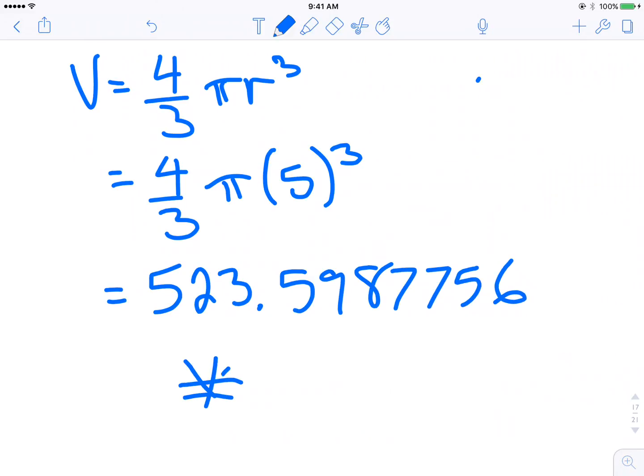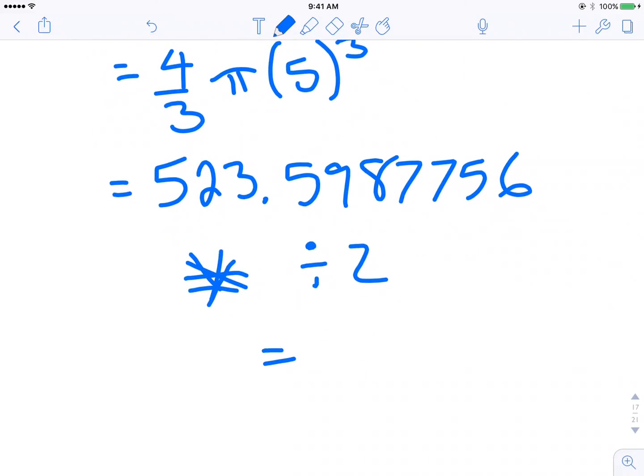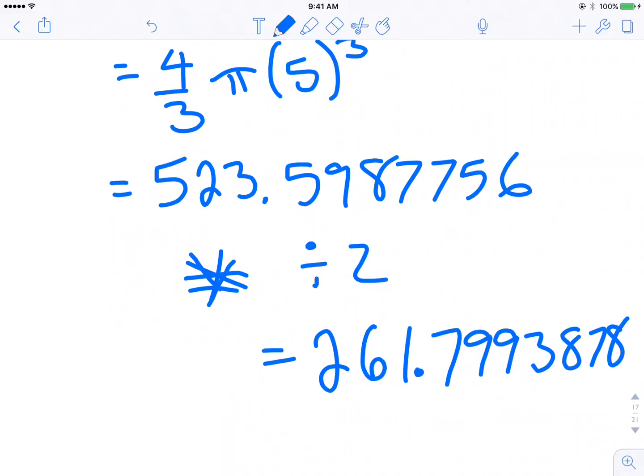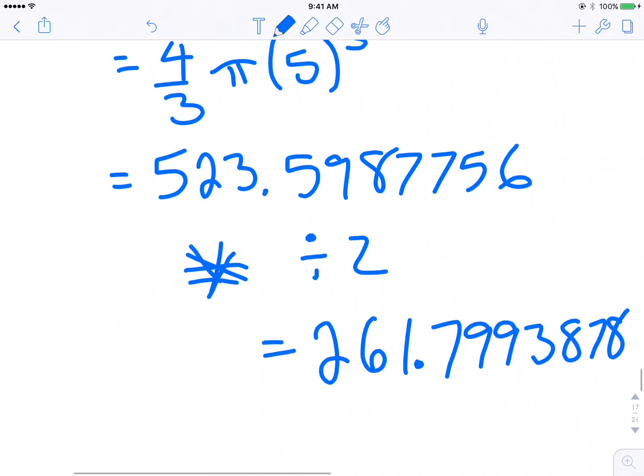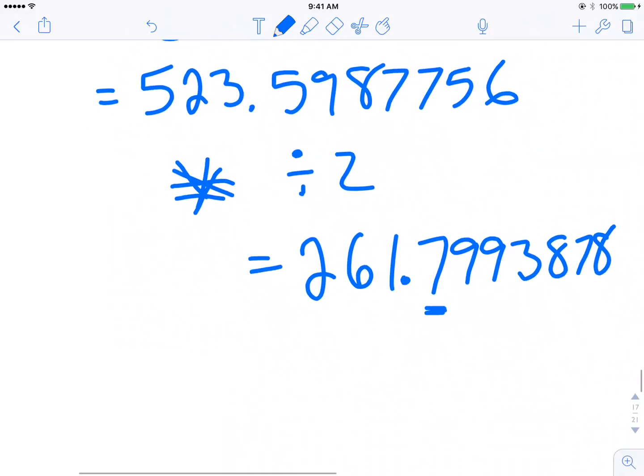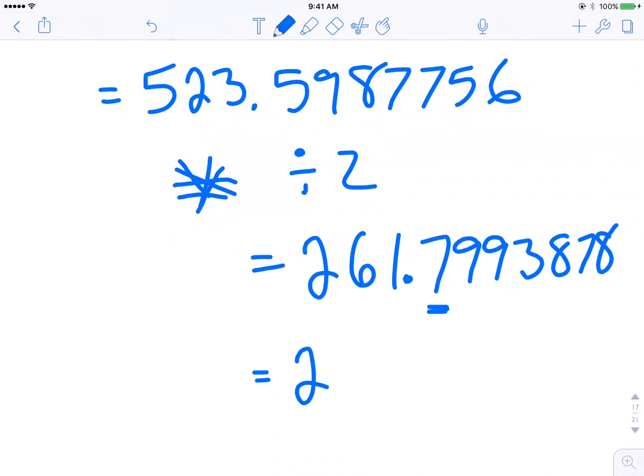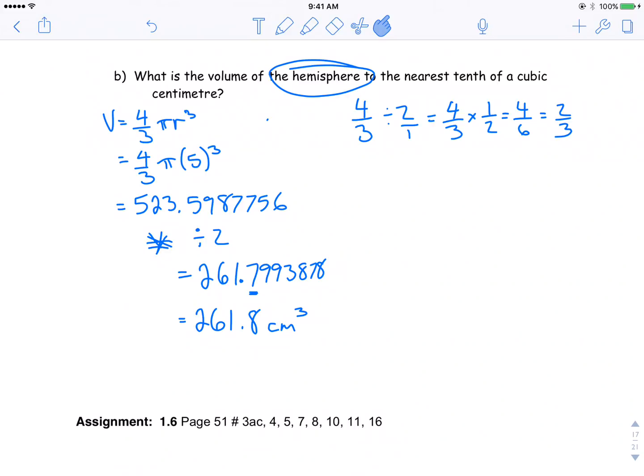Remember that this is a hemisphere, so I have to divide by 2 now, which will give me 261.7993878. It says to round to the nearest tenth of a cubic centimeter. That's my tenth here. The 9 makes that 7 an 8, so 261.8. And then we have centimeters cubed. There's your volume of a hemisphere.